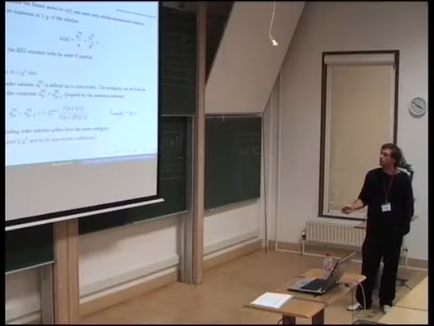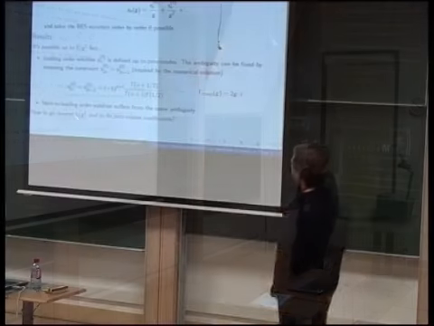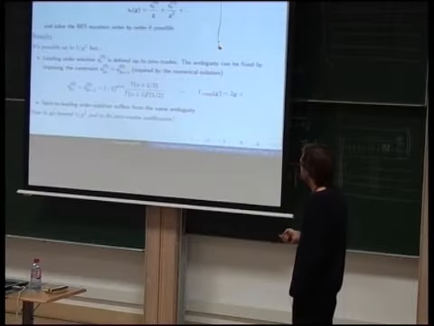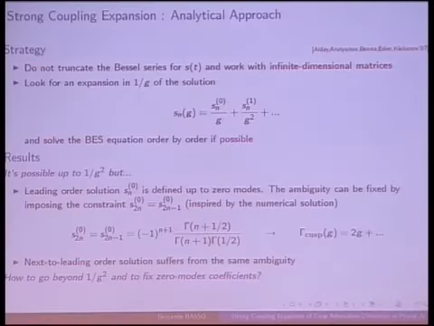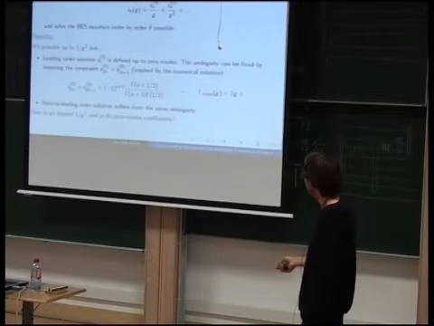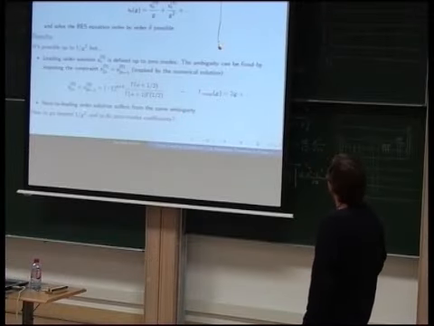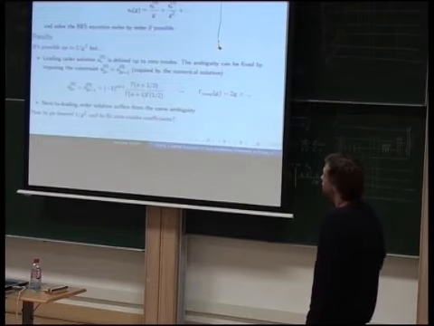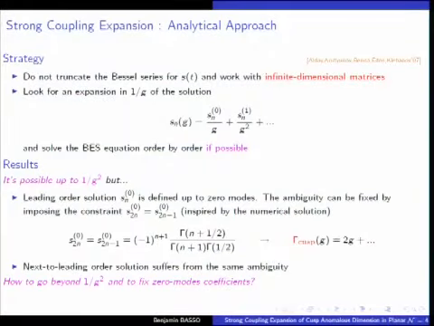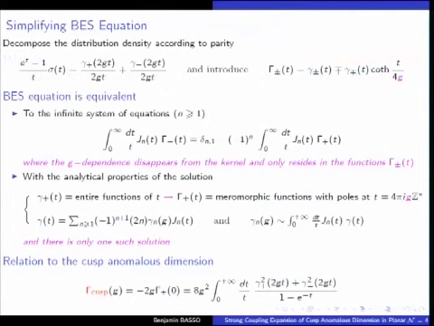Then you can go to next to leading order and try to solve, and we will find the same ambiguity, and also we can fit, if you want, the coefficient from the numerics and observe the agreement with the 3 log 2 over pi of the string theory. But it raises the question of how to go beyond this 1 over G square expansion, and how to fix the zero mode coefficients to be predictive and to eventually compare with string theory.